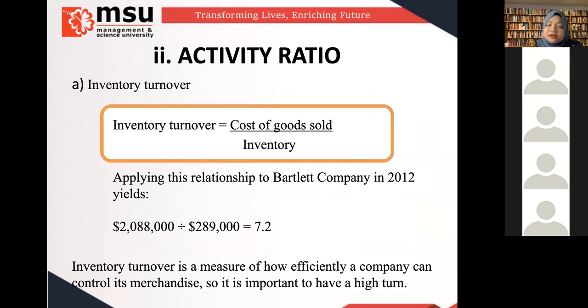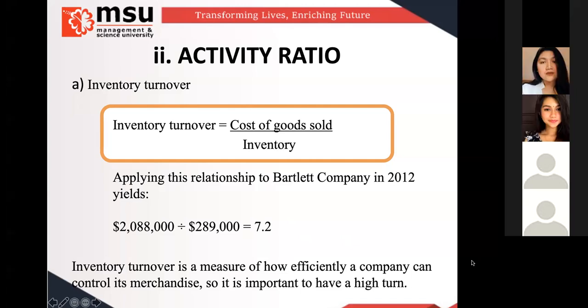Amalina Husna, can you try? Amalina Husna, are you here or not? Okay, Patricia, where can we find inventory?